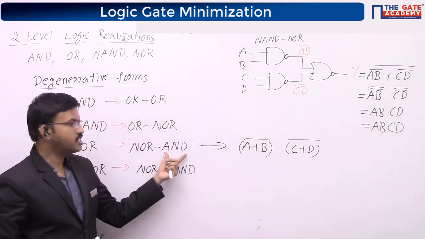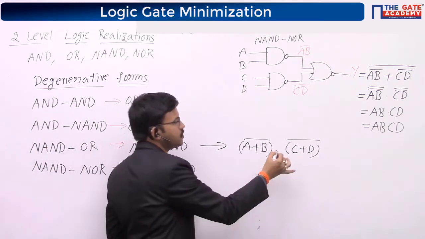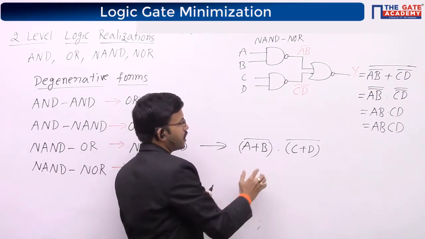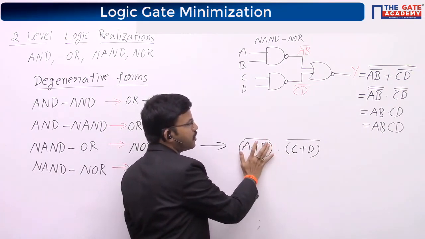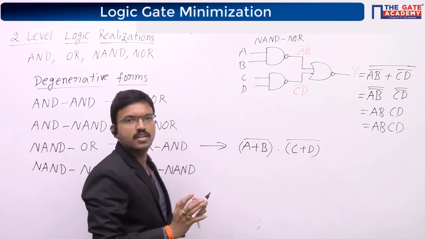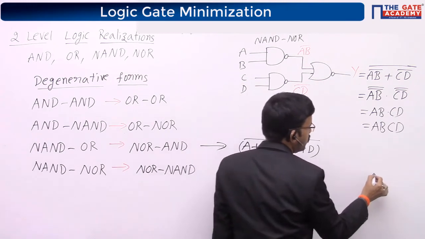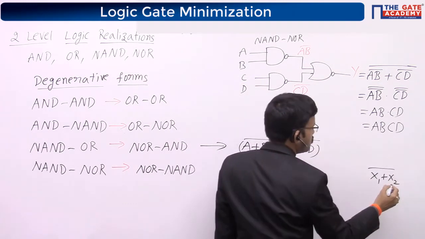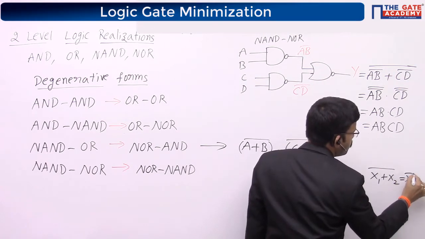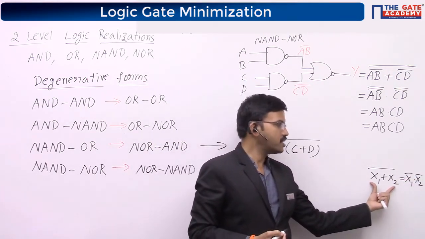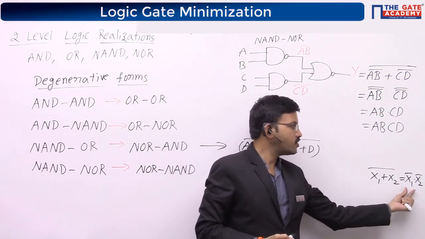Next, second stage I am using AND gate. AND gate means product of these two. Now, consider this is like X bar, this is like Y bar. Previously you had X1 plus X2 whole bar, which by De Morgan's law is nothing but X1 bar and X2 bar.